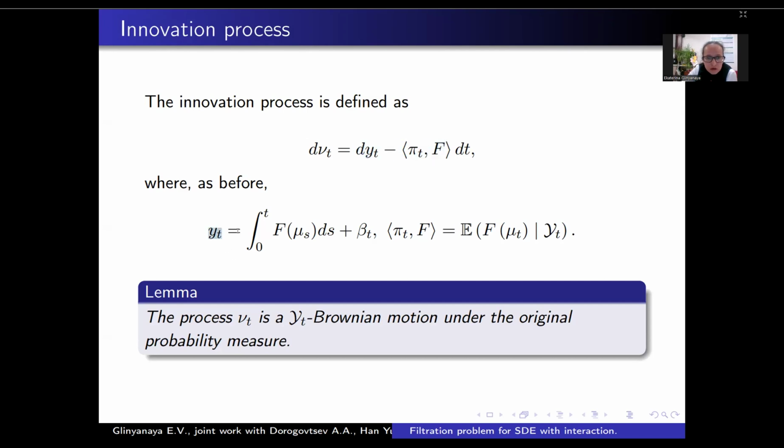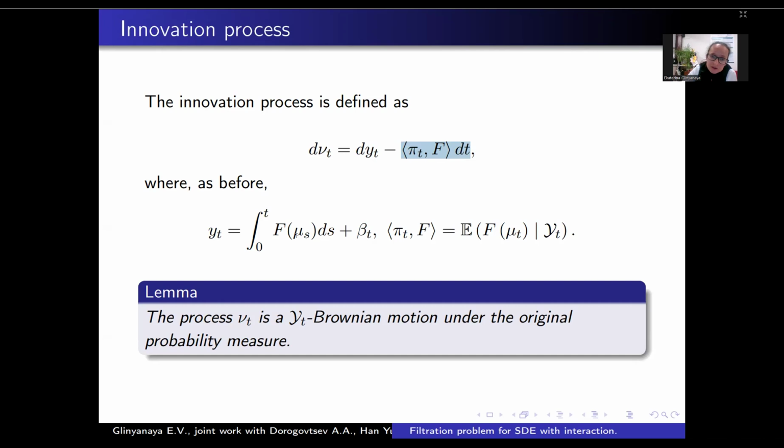I recall the observable process has such form. Now we shift the observable process by the integral of the optimal filter which we apply for f here, the same f that we have here.